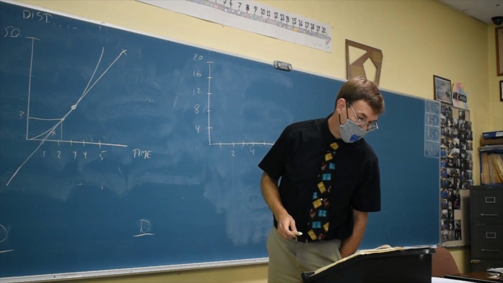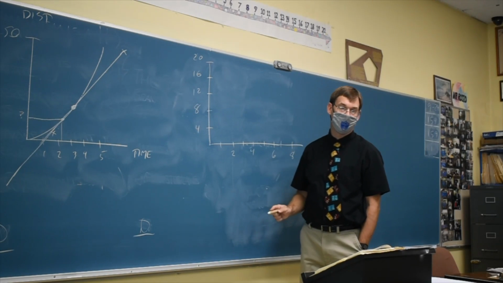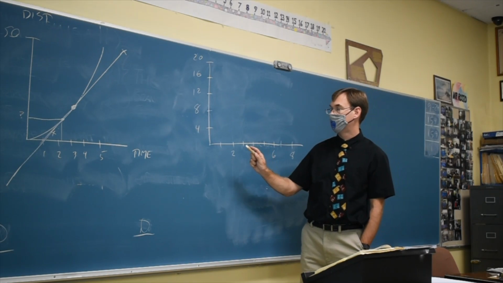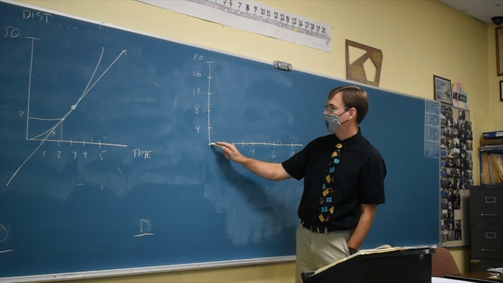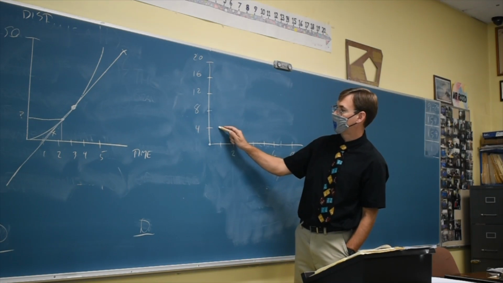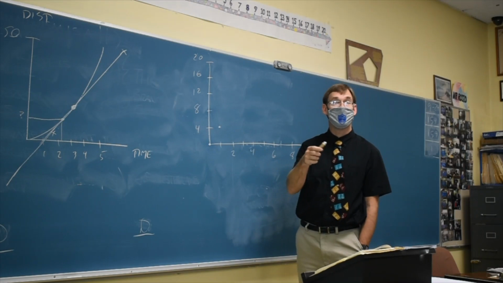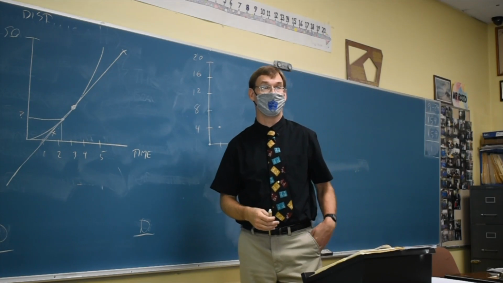So the first data point they give us is 0, 0. So you stick that at the origin. And then we're gonna go 1, 4. So like there. Keep going, we'll talk in a minute once you get your graph made without me.